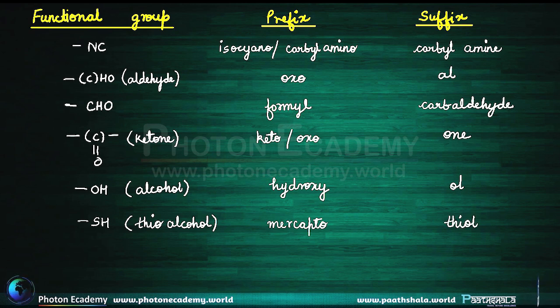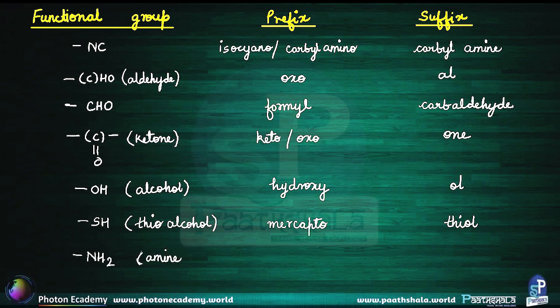Lastly, if we have NH2, that is the amine functional group, the prefix that we'll be using is amino, and the suffix that we'll be using is amine. So this ends the functional groups that we'll be using.